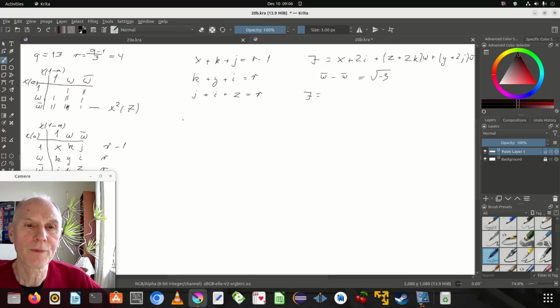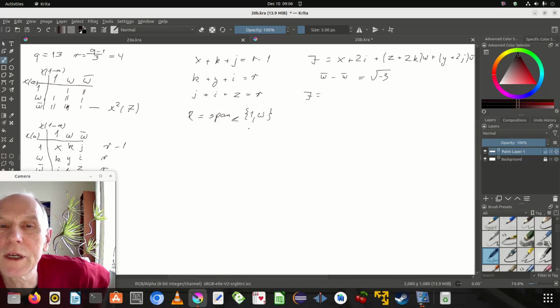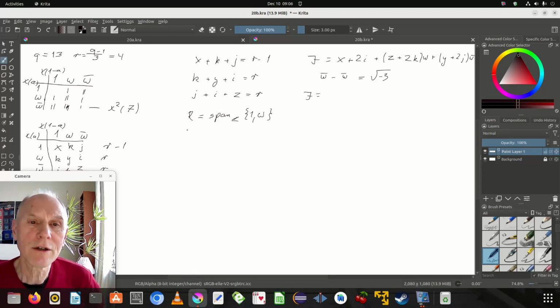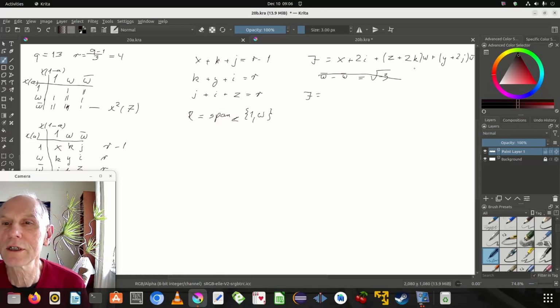We are working in the ring, which is a Z-module, spanned by 1 and omega, and the ideal is of course spanned by 3 and 3 omega. So let's forget this and just reduce this to the basis 1 and omega.